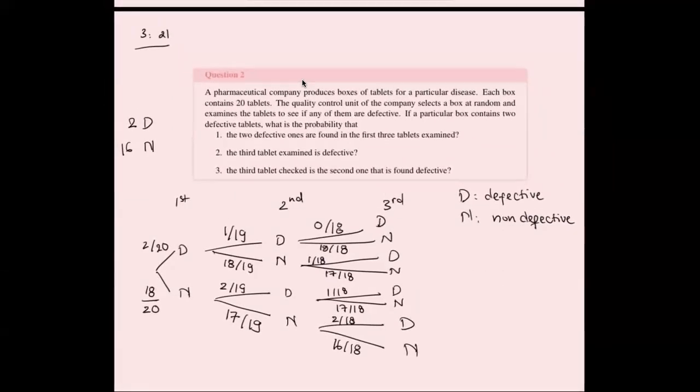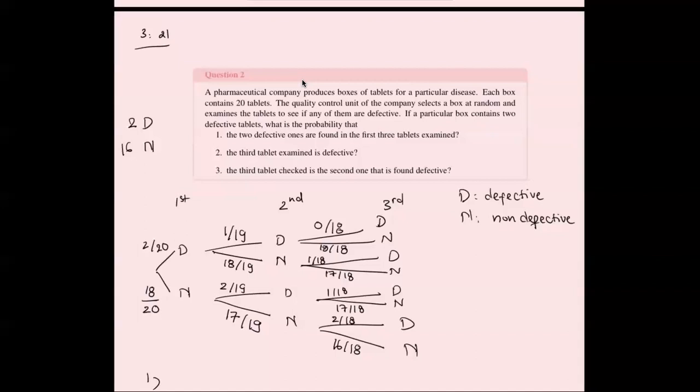You will see a tree diagram like this become helpful when you are dealing with problems of picking the ball with or without replacement. So the first question is, we are interested in the probability that two defectives are found in the first three tablets examined.